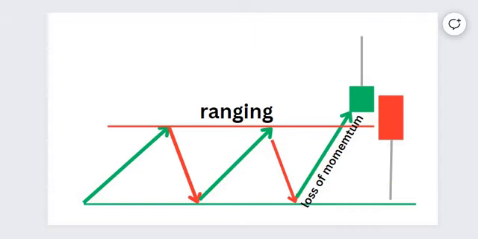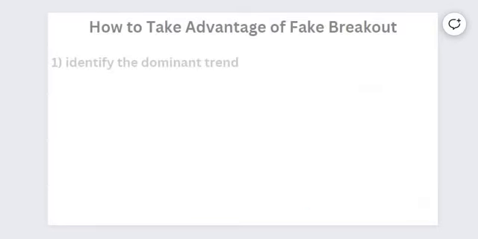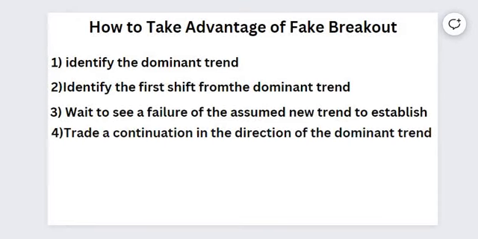So from there we'll start looking at how we can take advantage of this fake breakout. There are 4 steps we can use, and number 1 is to identify the dominant trend.